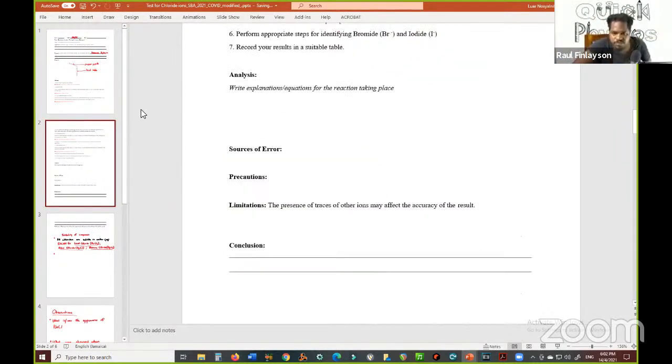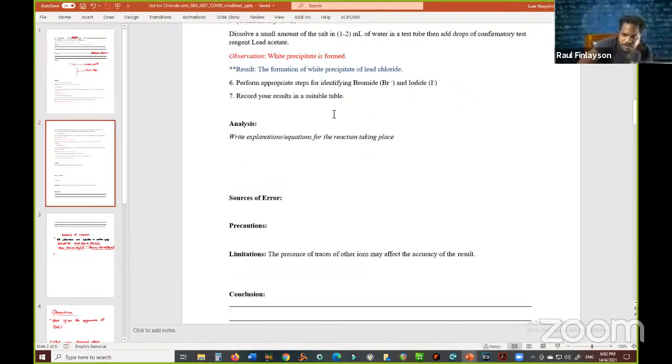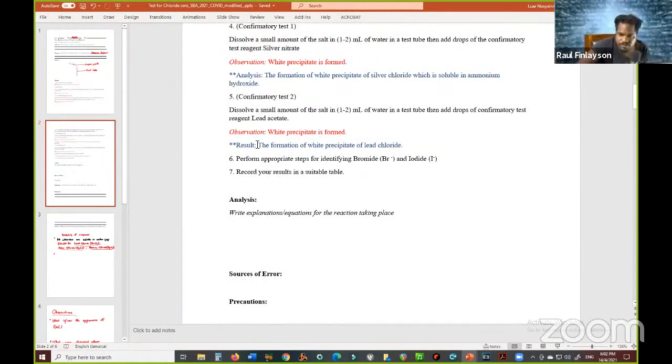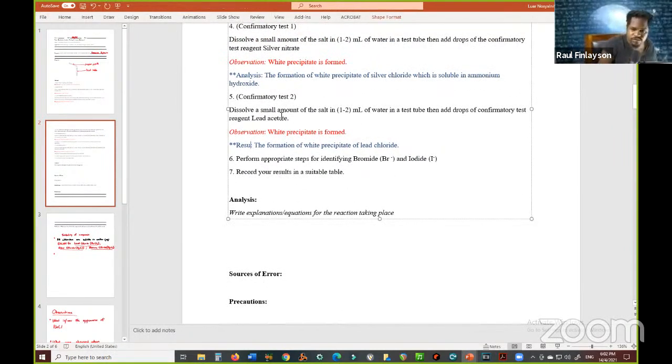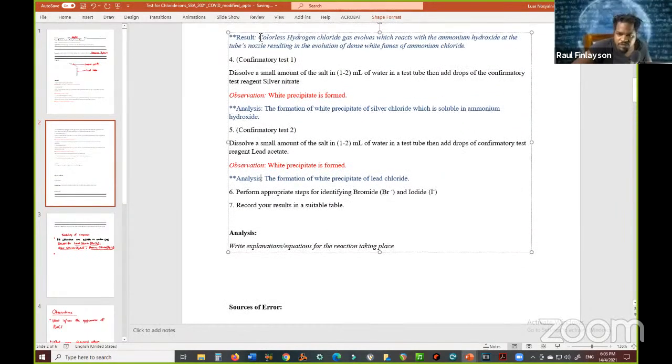So I hope you understand what's happening here. Anything in blue is the analysis, anything to do with explanations and reactions for things taking place here. Let me just put that in there.